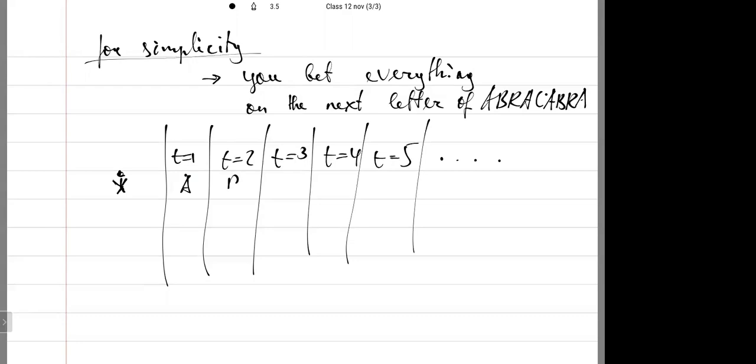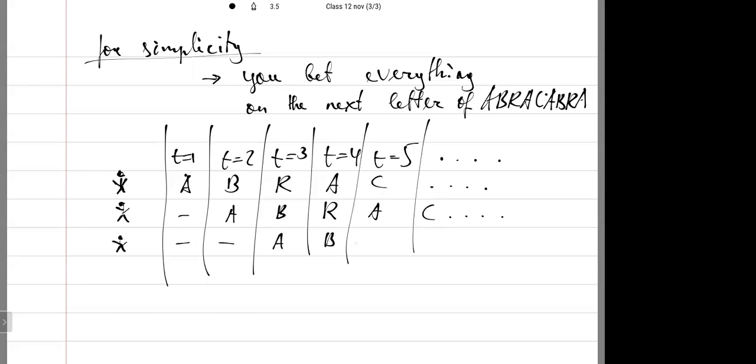So he bets on A, on B, on R, A, and so on. The second guy is not in the casino at t equal to 1. Then he enters the casino and bets on A, B, and so on. The third guy is in the queue during t equal to 1 and t equal to 2, and he bets on the letters when he enters, okay?